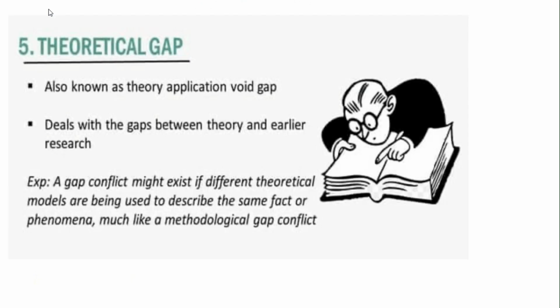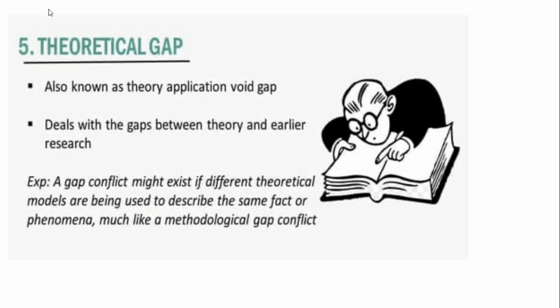So the fifth one is the theoretical gap. The theoretical gap is known as the theory application void gap. It deals with the gaps between theory and earlier research. It expresses a conflict that might exist in different theoretical models being used to describe the same fact or phenomena, much like a methodological gap.